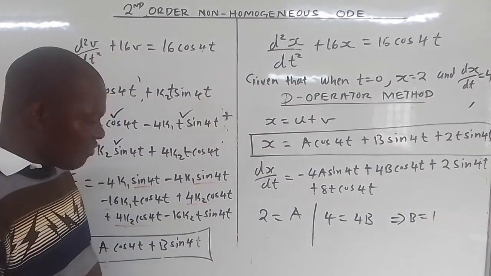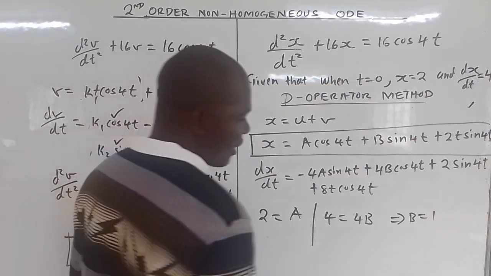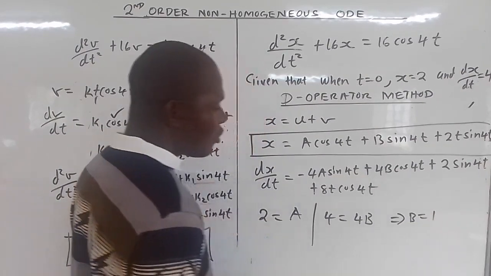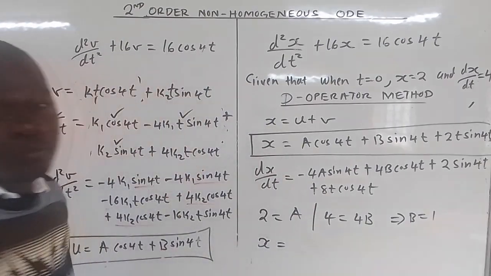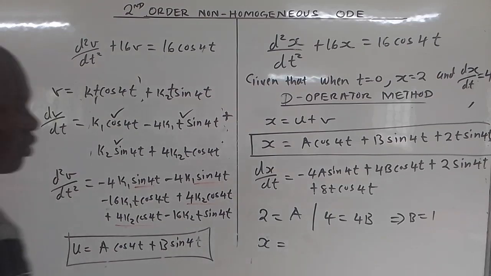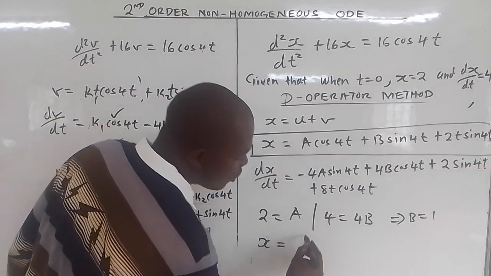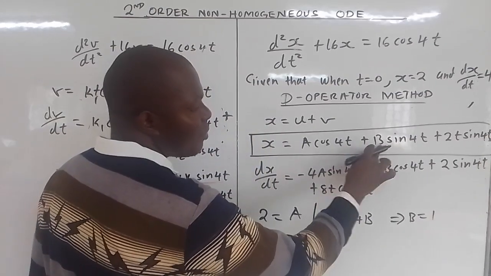So after finding the values of a and b, it means you found the solution. Yes. So you found a to be 2, b to be 1. So what is your solution? X. Where there is a, you put 2. And where there is b, you put 1. So a is 2. So we are going to get 2 cos 4t plus b. b is 1.